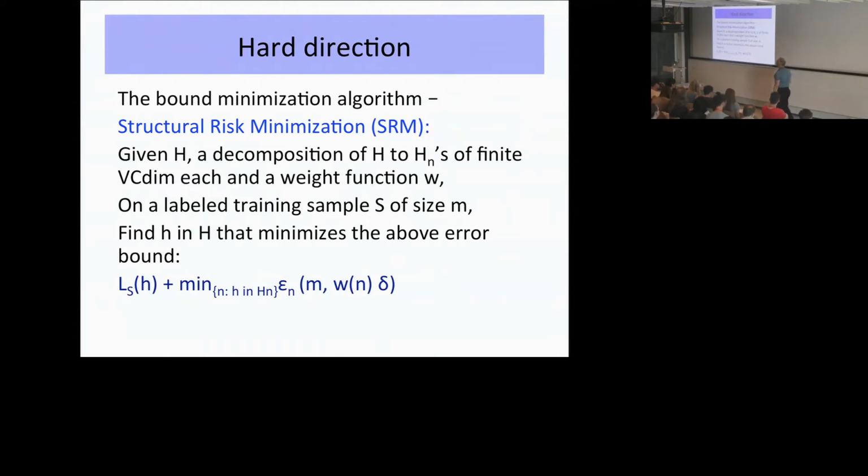What did we do with ERM? Which components here existed in the ERM principle, in the ERM algorithm? What did we minimize then? The empirical error, right. So when we did ERM, we only minimized this part. We looked for an H that will minimize the error over the sample. Now I'm saying I'm minimizing this, but plus a penalty.